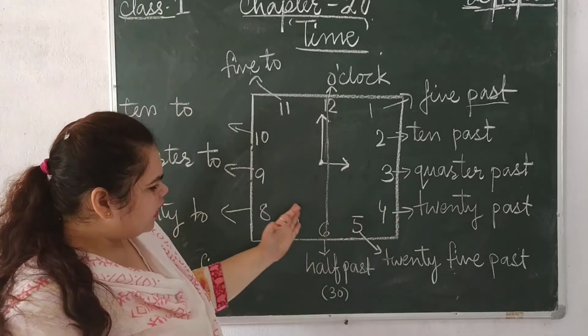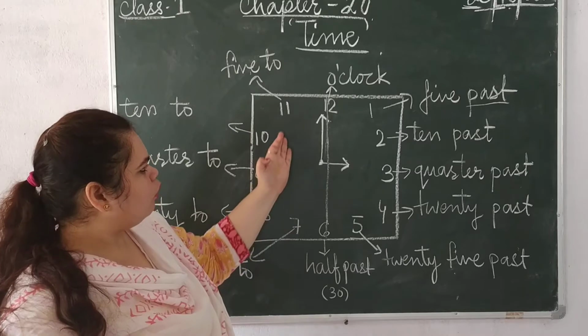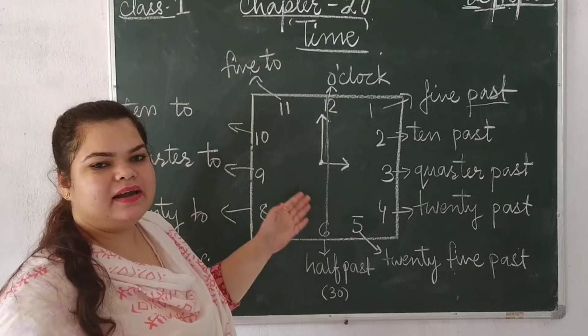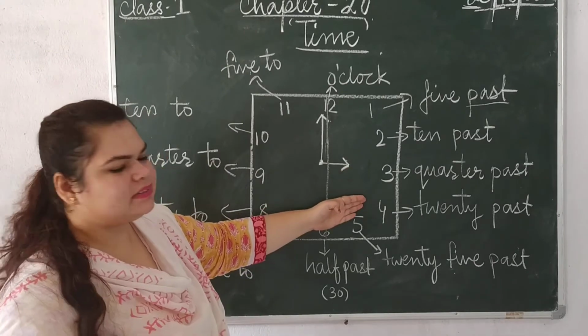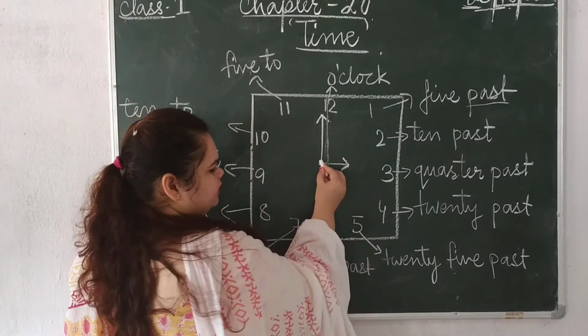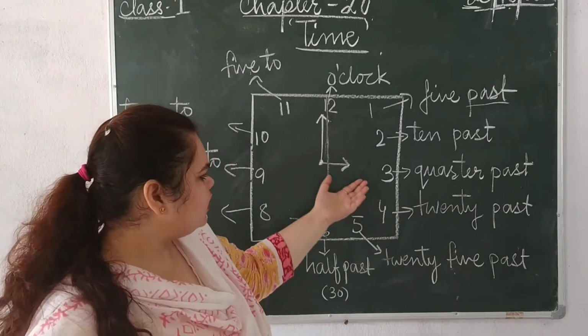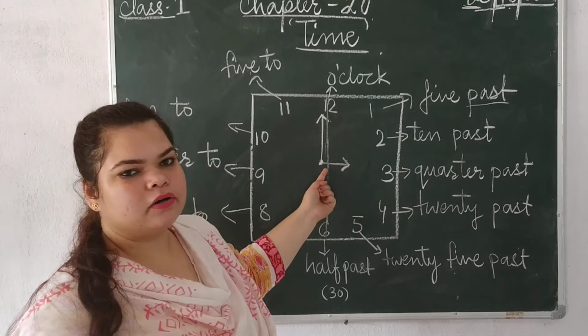Now the left side of the clock shows us how many minutes are left for the next hour. If you see this, here I have drawn the hands which show us it is 3 o'clock.